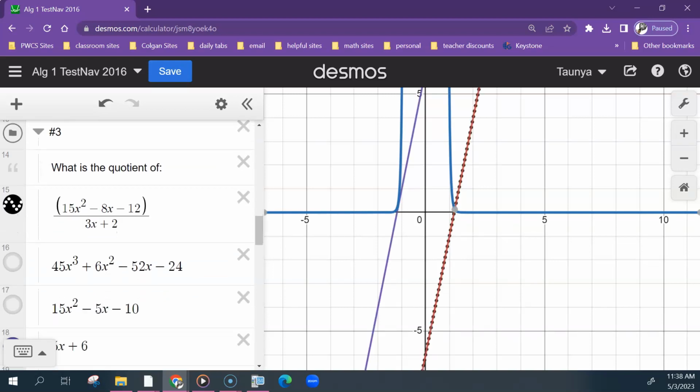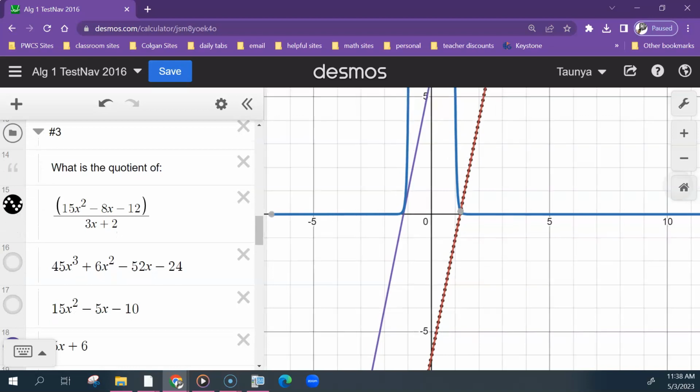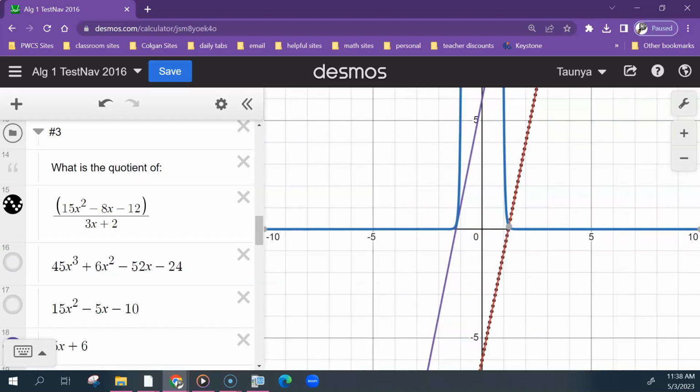Three is a quotient problem. So quotient, we're dividing. You can put that entire thing in all at once. I'm going to put all of these in at first, and then look and see which one overlaps.